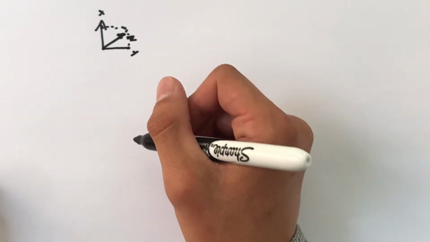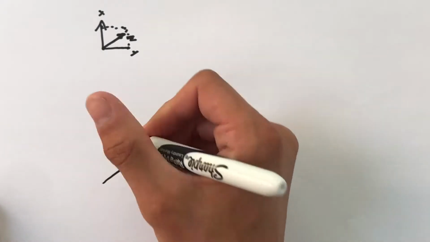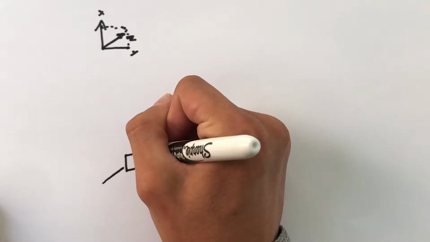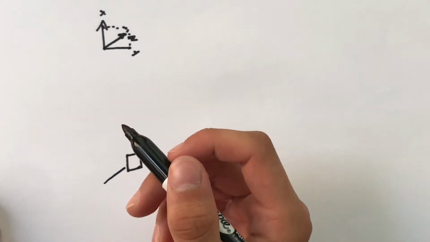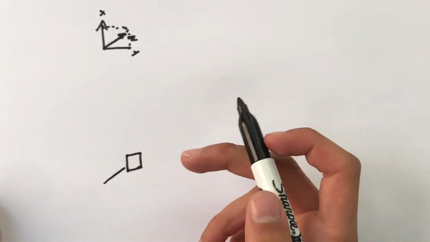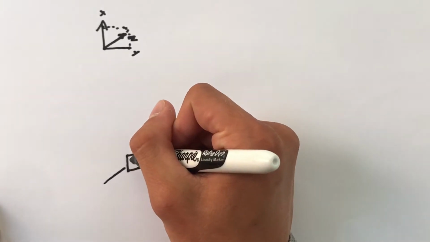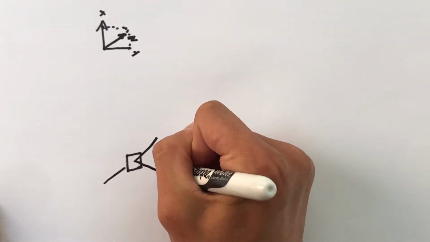So if you have a beam of light right here and you shine that into this magic box, this magic box is called a beam divider. Essentially all it does is divide the light beam into two equal parts. One beam will go in this direction and another in this direction.